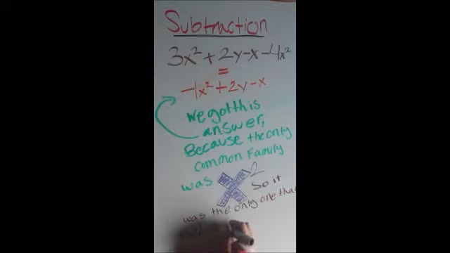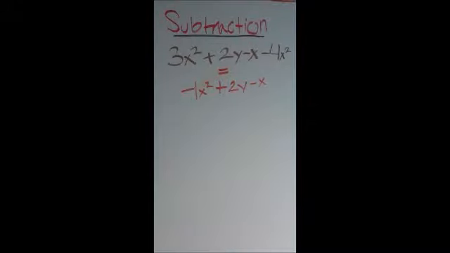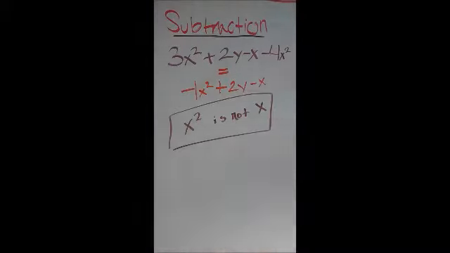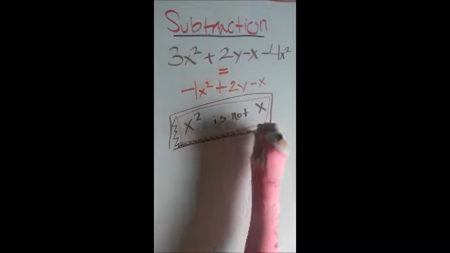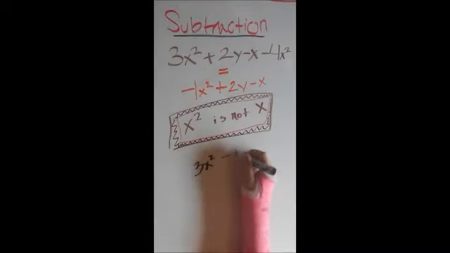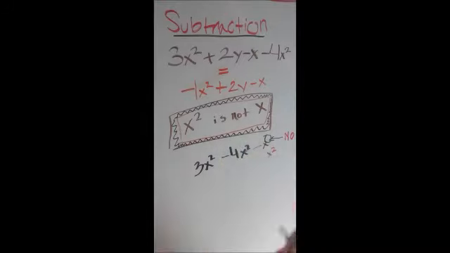This is because we have only one family that can move around, which is x squared. Because it is the only common family in the whole equation, all the other families stay the same and they didn't go anywhere.